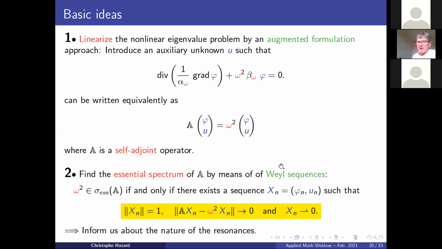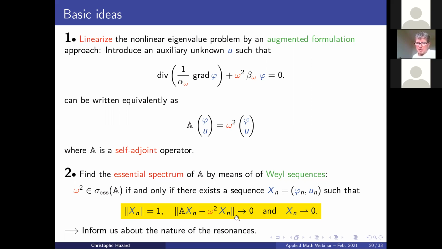It is a way to characterize the essential spectrum, and we know that a value omega squared belongs to the essential spectrum of my operator A if and only if we can find a sequence, which I will denote by xn, the pair phi n, un, such that I have these three properties here. The first one is simply the fact that I choose a normalized function in the Hilbert space in which A is self-adjoint.